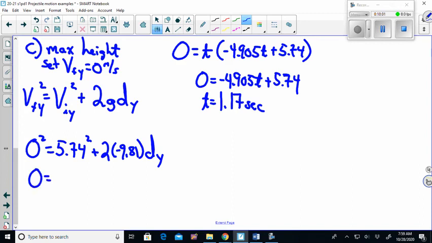So 0 equals 32.95 plus a negative 19.62 dy. Subtract and divide. And I get a maximum height of 1.68 meters.